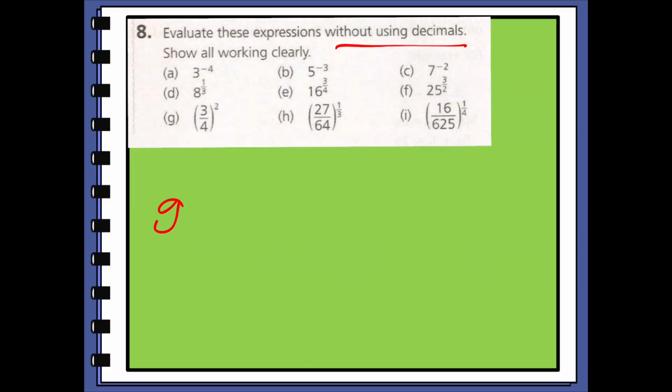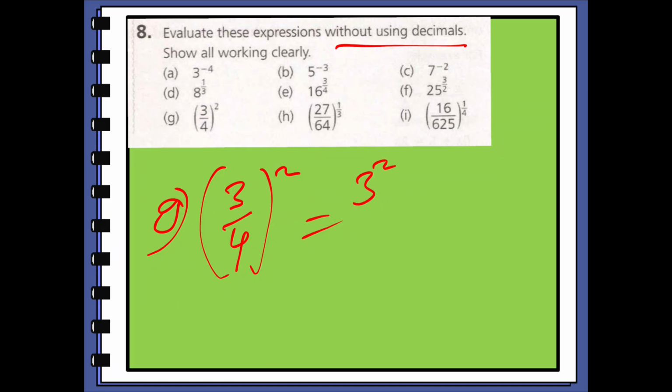Then for G, which is 3 over 4 in brackets raised to power 2. This means that both the numerator and denominator will share the 2.